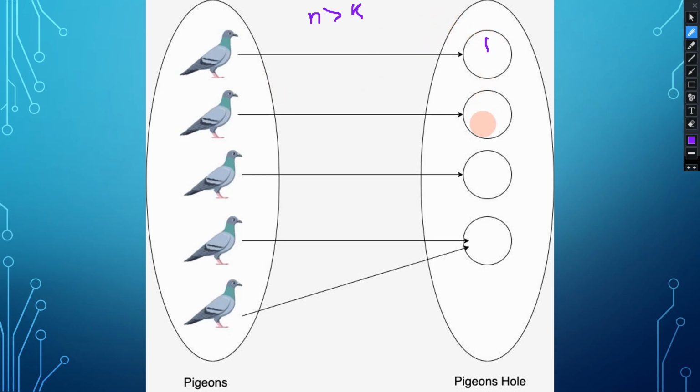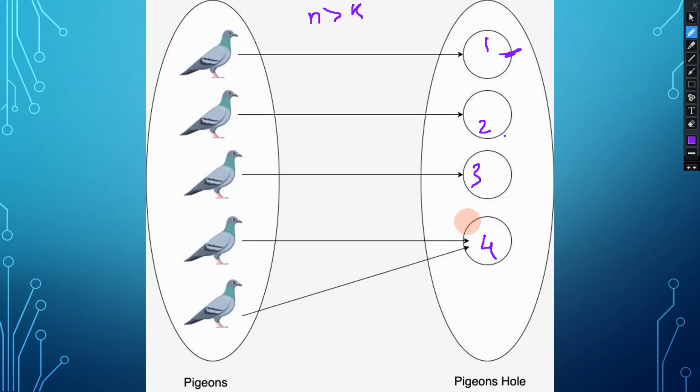I will number the holes as 1, 2, 3, 4. There might be a case where all of the n pigeons are placed in the first hole only, and the remaining holes remain empty. Or another possible way is we can fill half of the pigeons in the first hole, the rest half in the second hole, and 3, 4 remain empty. So similarly there can be many ways that you can distribute the pigeons into these four holes, these k holes.